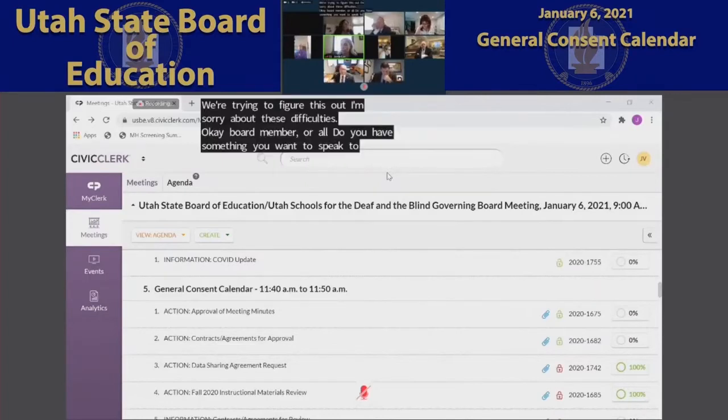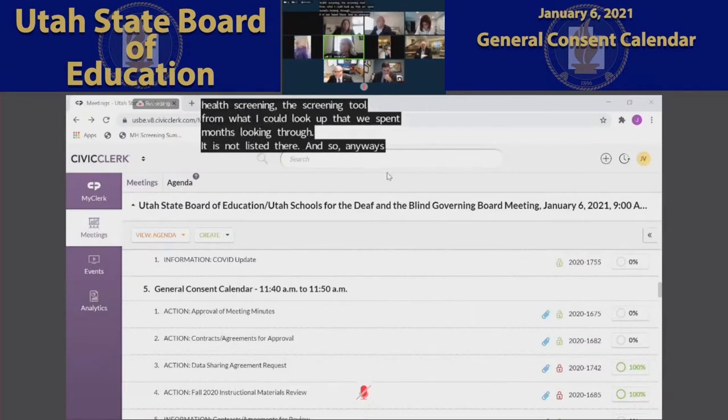I did text Christy Walker, but I wasn't able to get a hold of her on this item just to check with that. So I will not be voting in favor of this because this is an expansion of both mental health screening and SEL data gathering. So that is my comment, unless someone has other information.